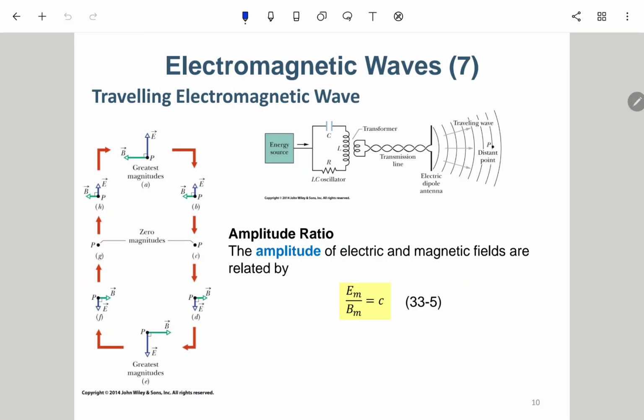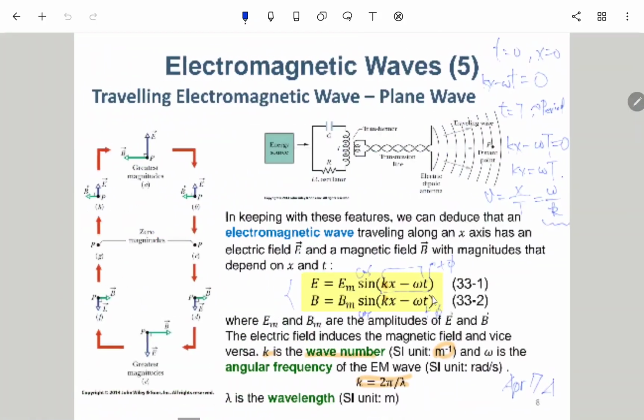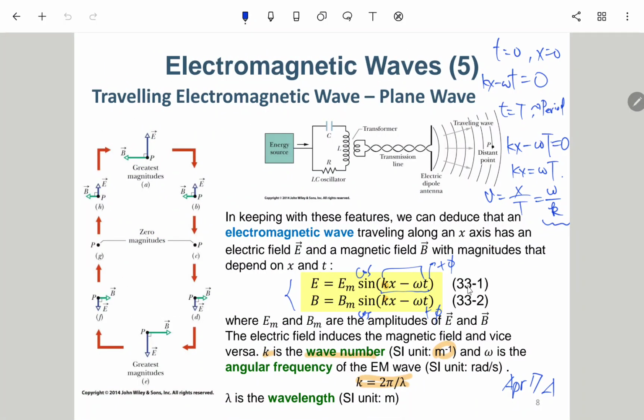Okay, and then there is another property. Originally when you just look at 33.1 and 33.2, it looks like EM and BM are just arbitrary numbers, but this is not true.